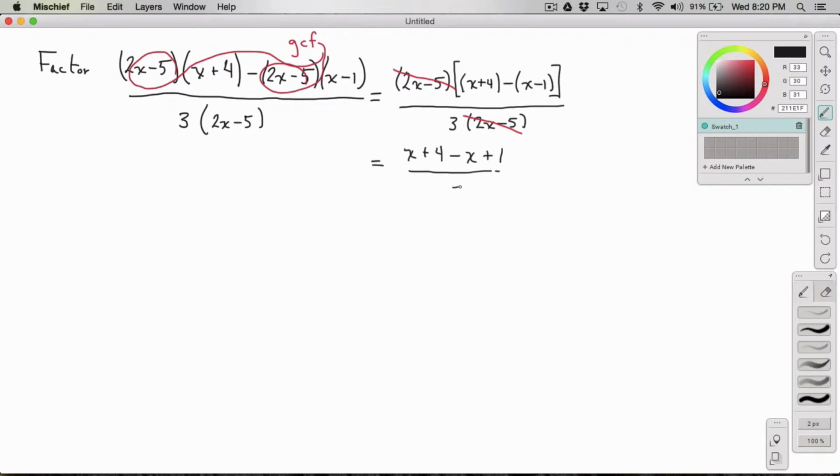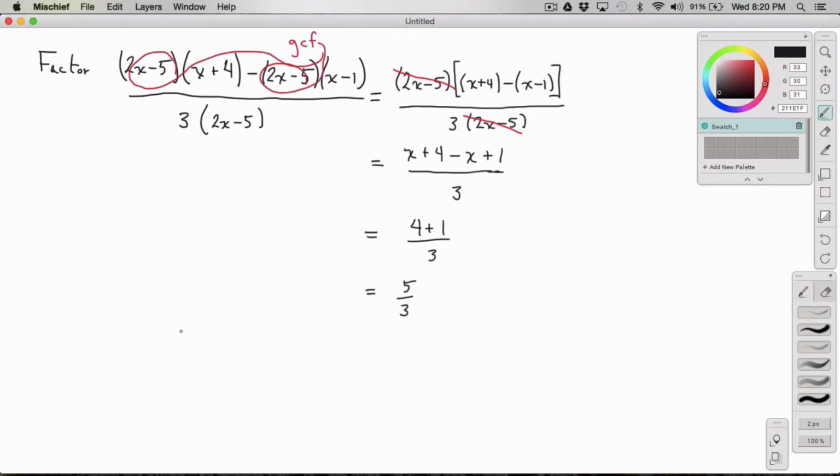My denominator is still 3. Then when I simplify, here's an x minus an x, so those cancel, and then I have 4 plus 1 over 3, so I have 5/3.